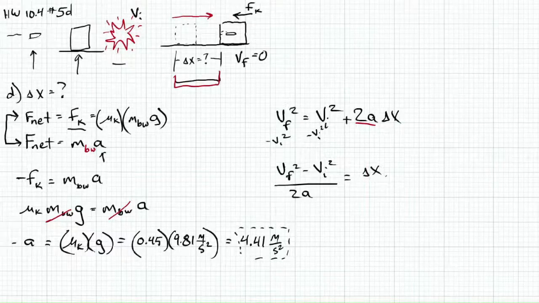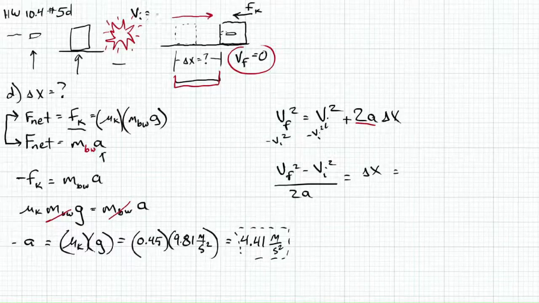What's our v final? Up here, we said our v final after it comes to a stop is 0. And our v initial is going to be very important. That was our answer for part A, the velocity of this bullet and block combination right after the collision.